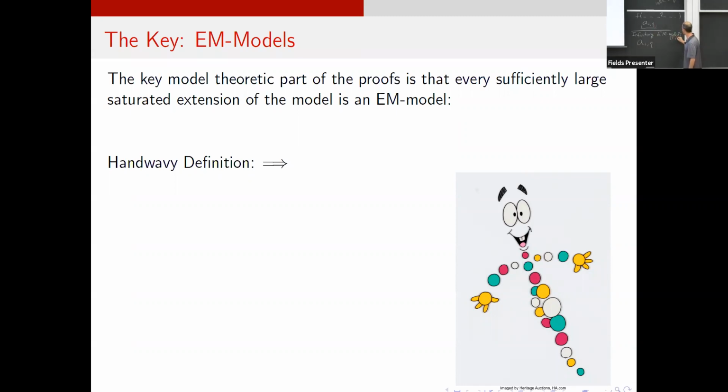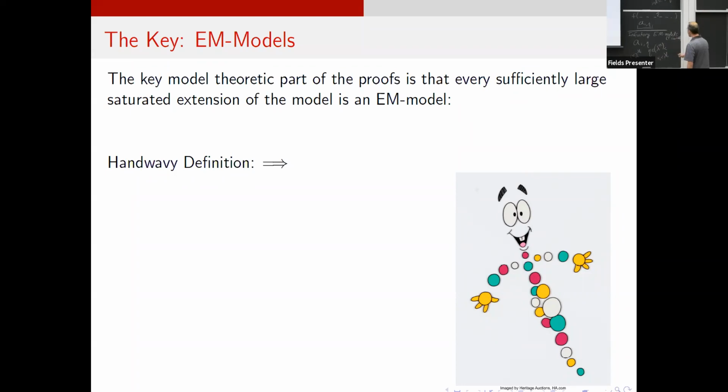I will be smaller than 2 to the aleph 1, and eta would be an increasing sequence of length less than aleph 1.